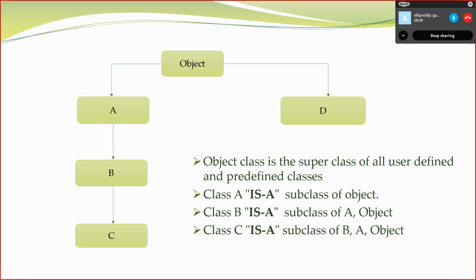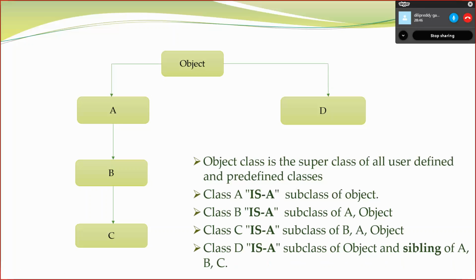Let's see. This is class A, class B, class C. What we put in the diagram, I'm putting in code now. Now we have D. This is a class I created in the Java program. And then I'm creating a type conversion class. I told you this is all about type conversion.